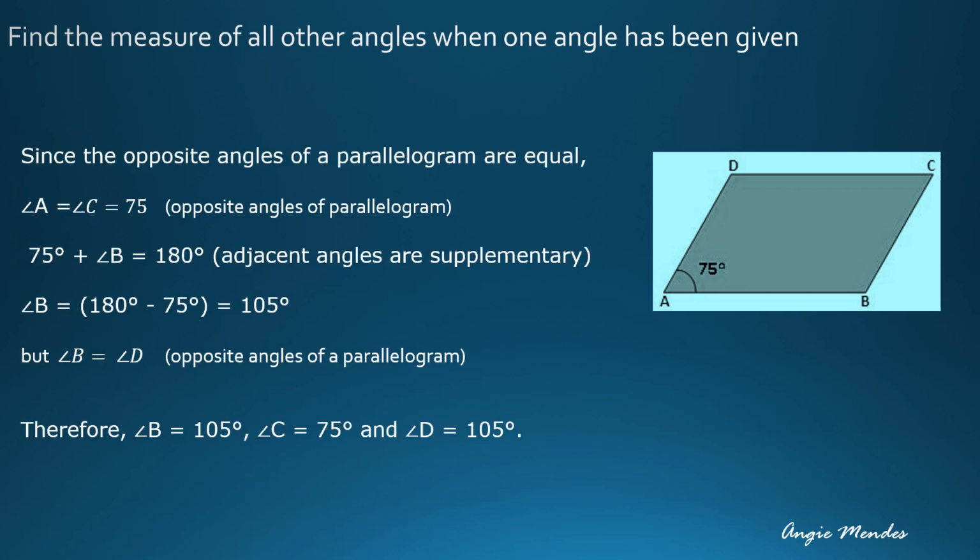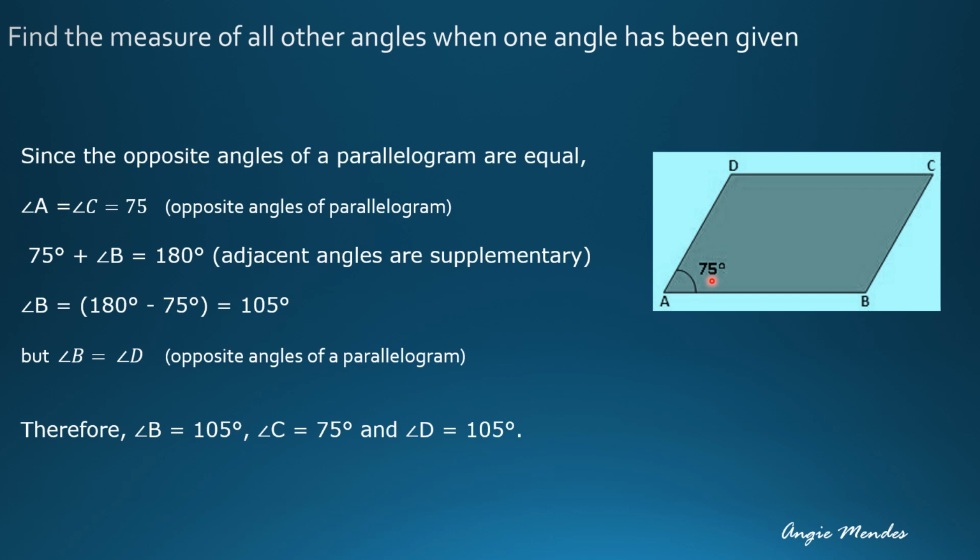We will take this same example and see how we can solve it using the other property, where we can say that the opposite angles of a parallelogram are equal. The same example where we have to find the measure of all other angles when one angle has been given. So angle A has been given. Angle A is 75 degrees.